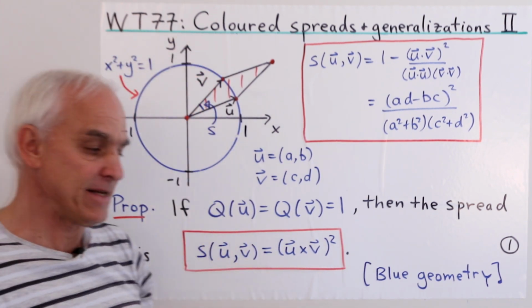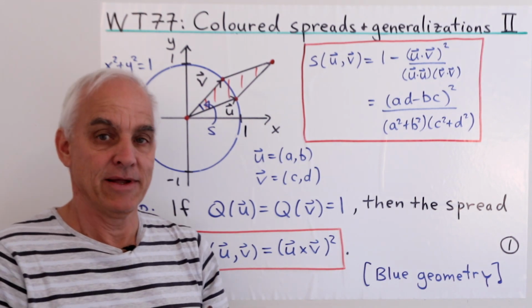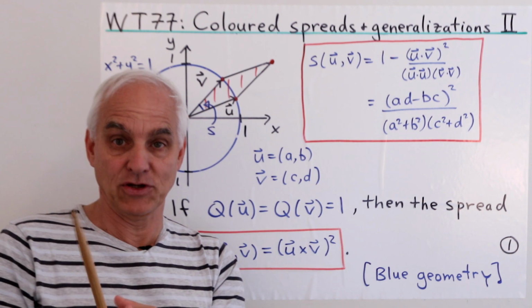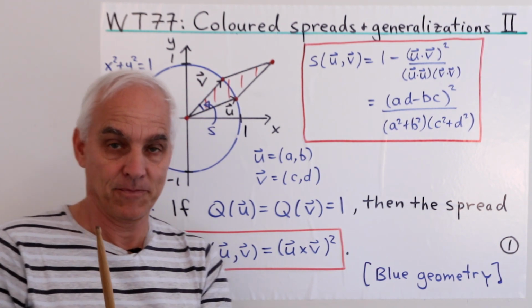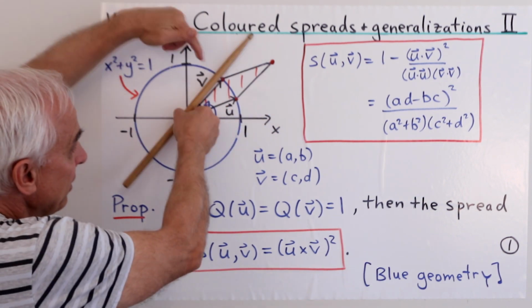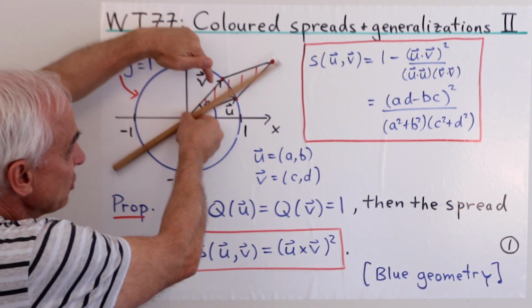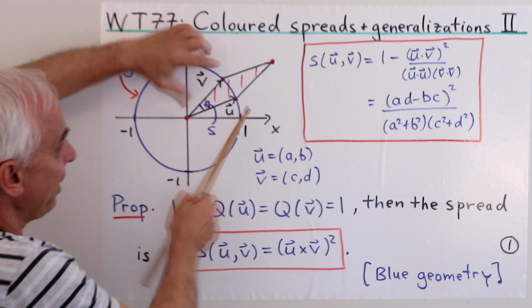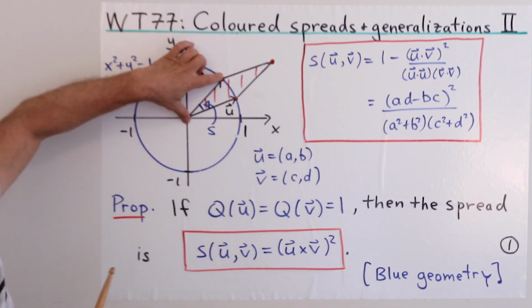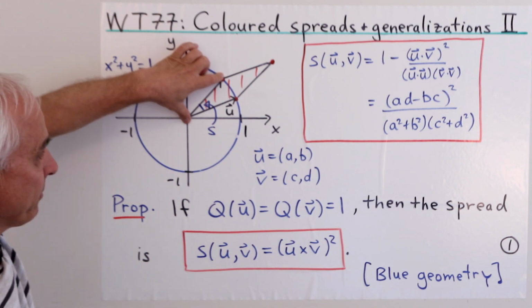That's a very simple, geometrical, easily visualizable interpretation of the spread between two vectors. Okay, so we have two directions. If we can find the points on those lines or directions that are on the unit circle, then it's just a question of looking at that area, that parallelogram, and taking its square.